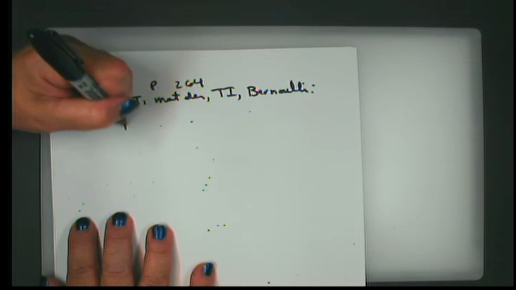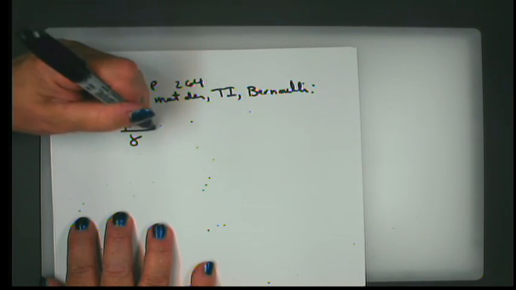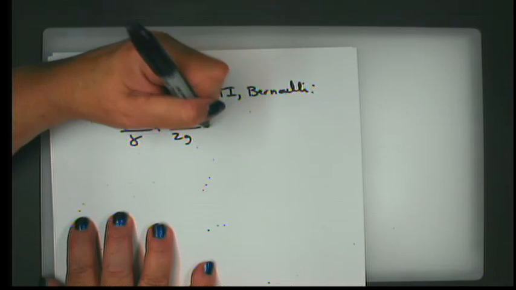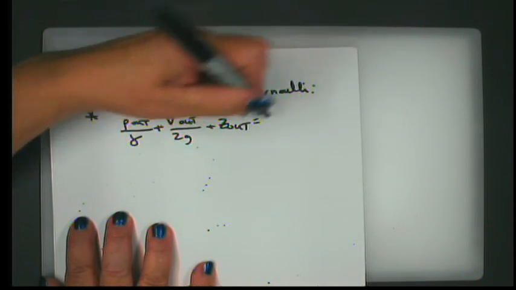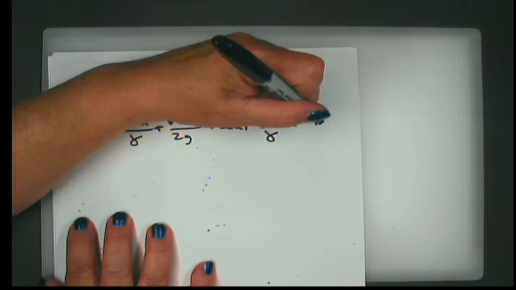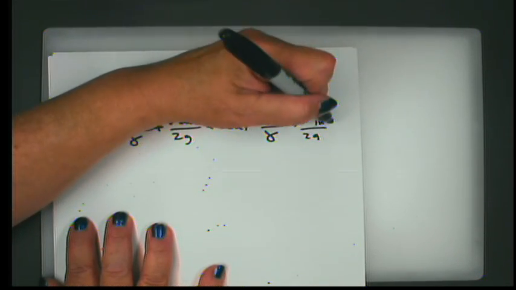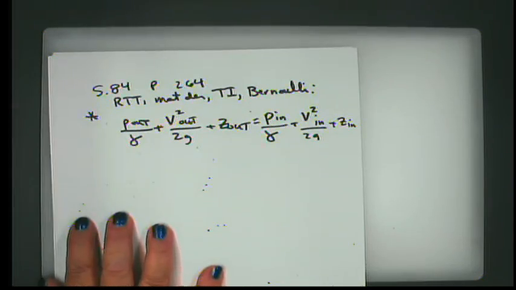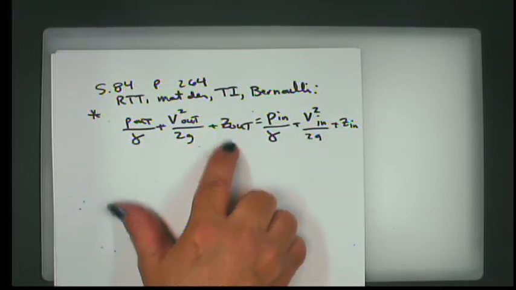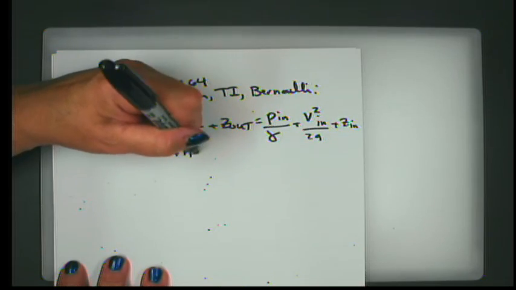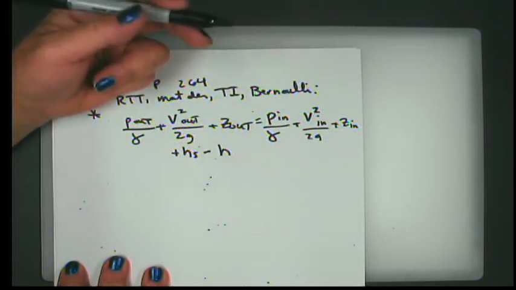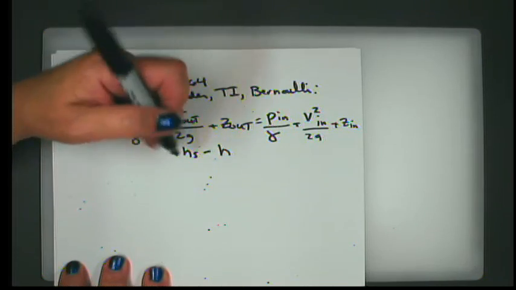That P out over gamma plus velocity squared out over 2g plus z out equals P in over gamma plus v squared in over 2g plus z in, which at that point is identical to the Bernoulli equation written in dimensions of length plus h sub s, which is a head gain or head due to work coming in from a shaft.